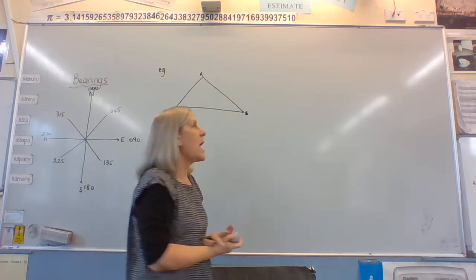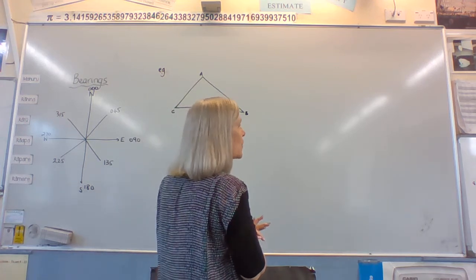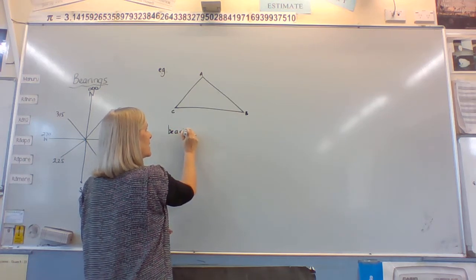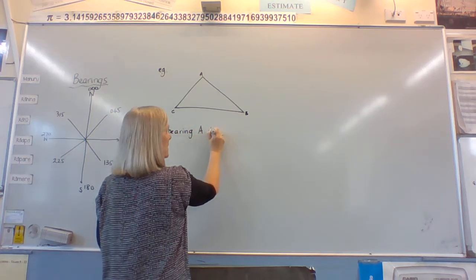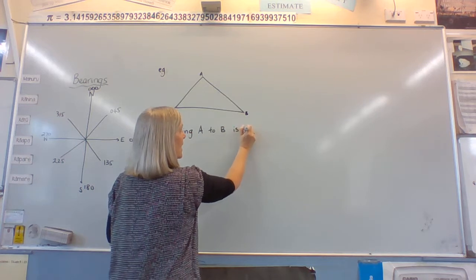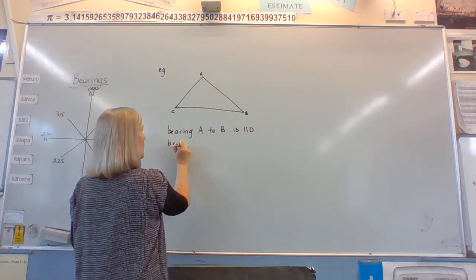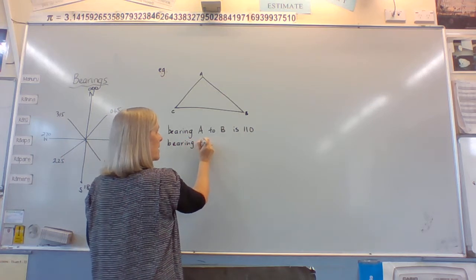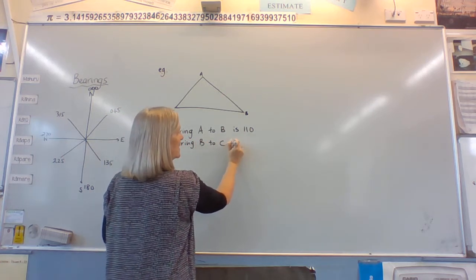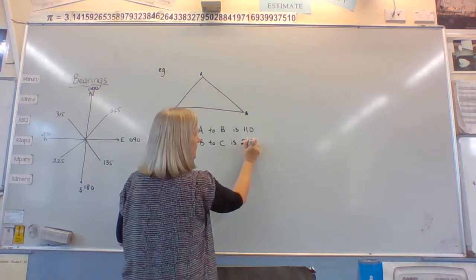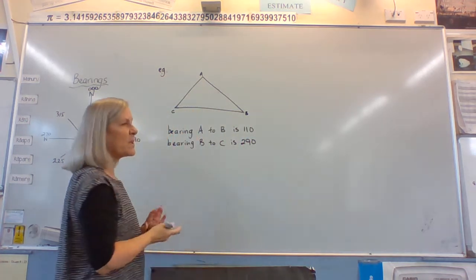They have told us that the bearing from A to B is 110. They've told us the bearing from B to C is 290.